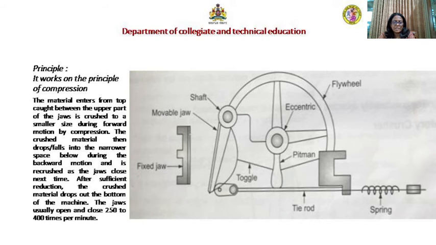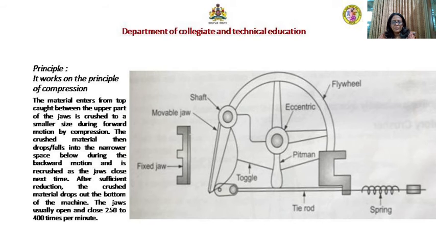The crushed material then falls into the narrow space between the two jaws during the backward motion, and again when the reciprocating jaw moves forward, it gets crushed to a still smaller size.